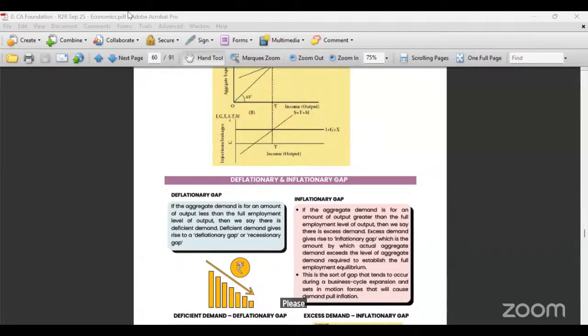Please go through inflationary and deflationary gap.